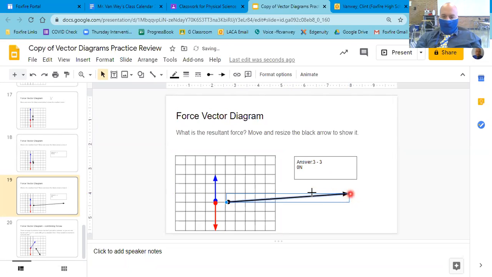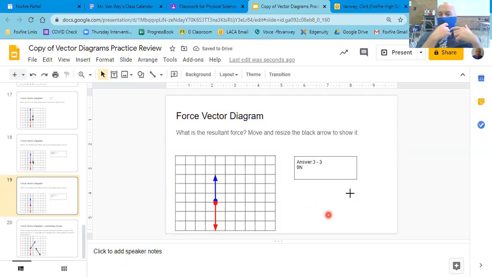Which way does it go? It doesn't. There's no resultant vector. There's no vector to draw here. You just delete it. It doesn't belong. It stays over here off of our grid because it's not a vector that would exist. There's no resultant force there.